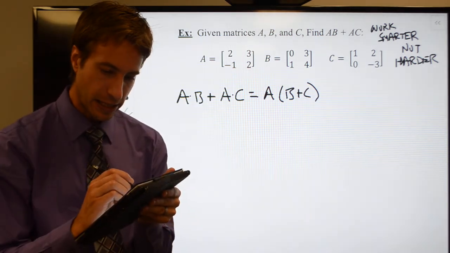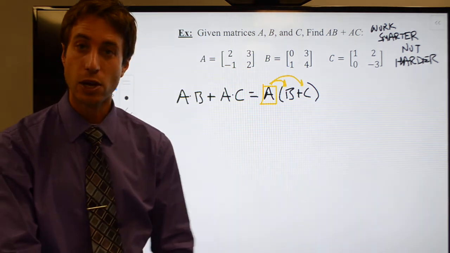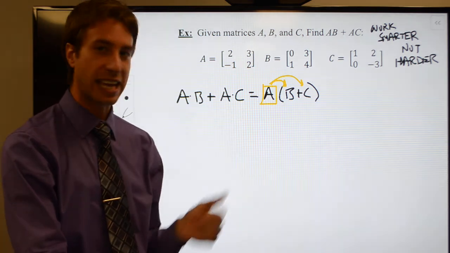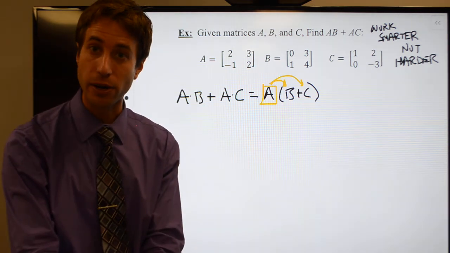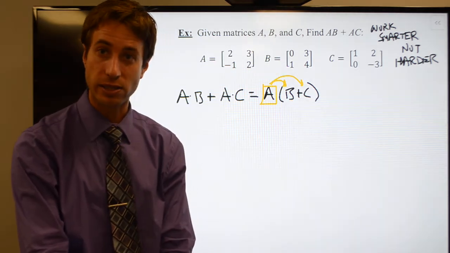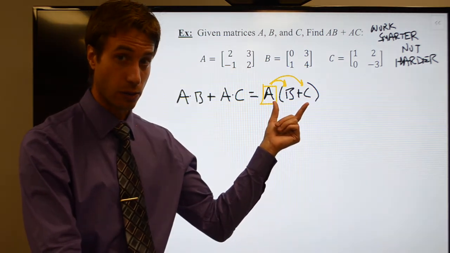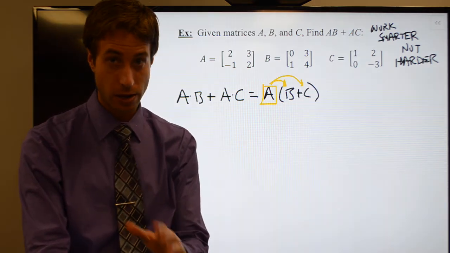Well, I get it by distributing A through the parentheses. Well, which of these is going to be easier? Doing matrix multiplication twice and then adding those products together, or doing a sum matrix and then multiplying once? Yeah, this is way easier. Way easier. Hence, work smarter, not harder.